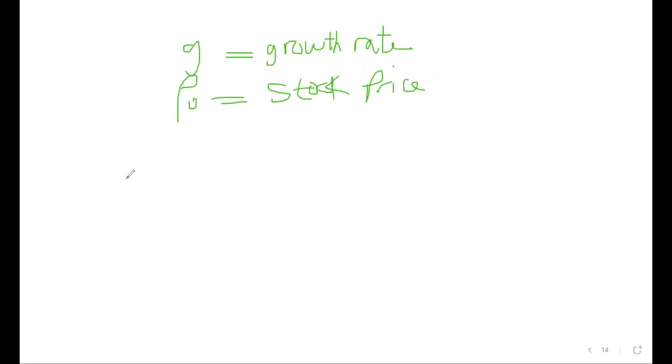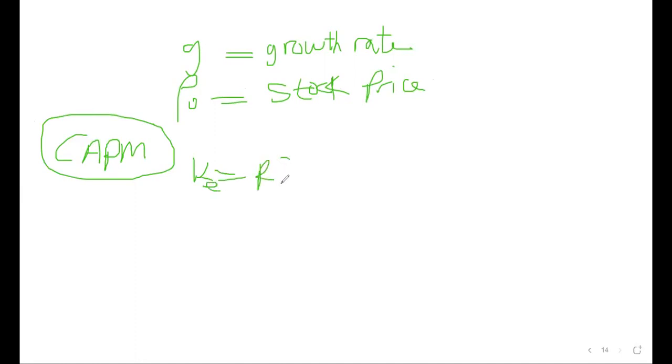Now we can also use the CAPM to find the cost of equity. Cost of equity is equal to the risk-free rate plus beta times the return of the market minus the risk-free rate.